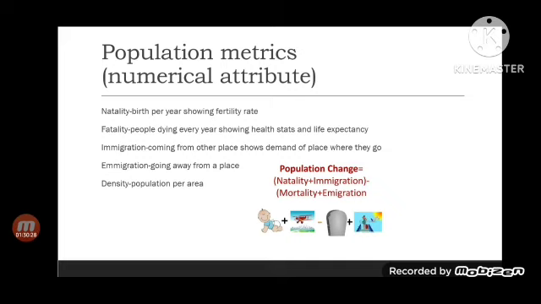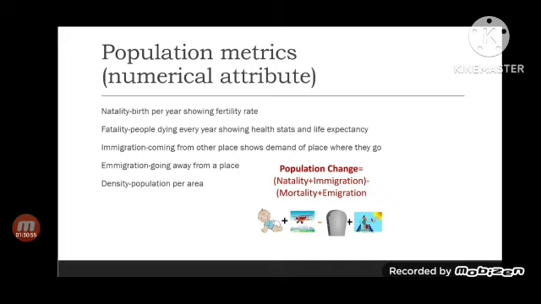Maternal mortality rate and infant mortality rate are highly problematic in early marriage, because they are not fully matured, and their body is not developed to handle the pain and trauma.